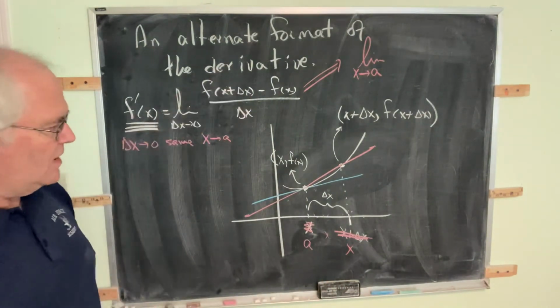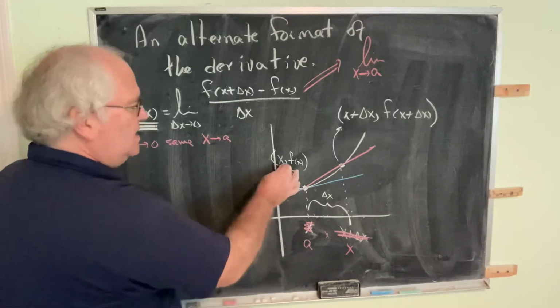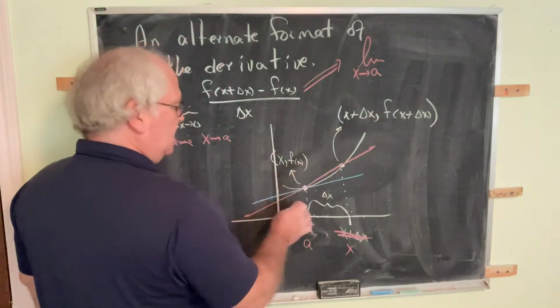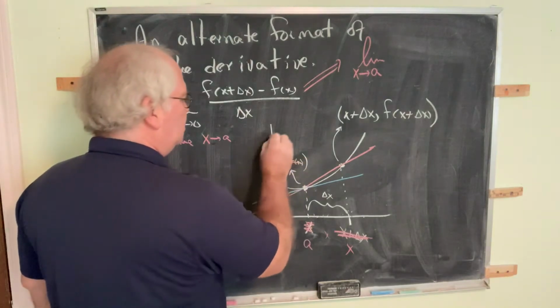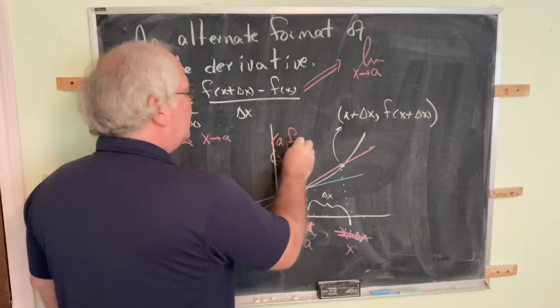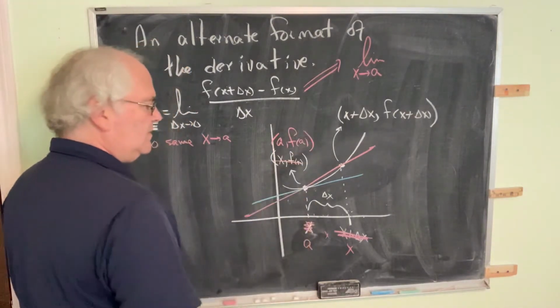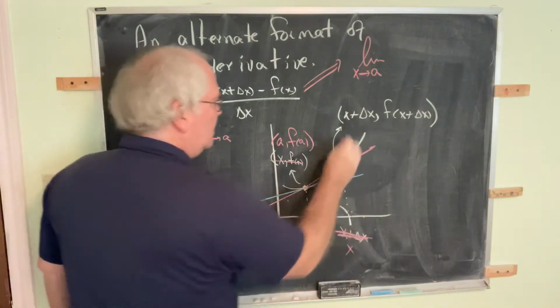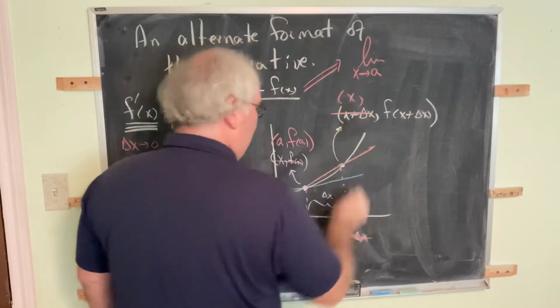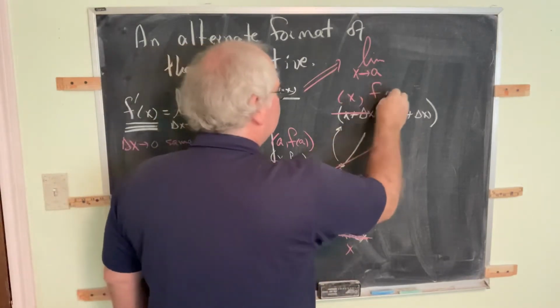Now what happens to the rest of our notation? Well, these are no longer the coordinates, because this is no longer x comma f of x. These coordinates change to a comma f of a. And this is no longer x plus delta x. This changes to x comma f of x.